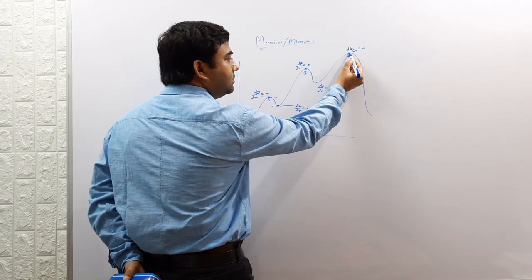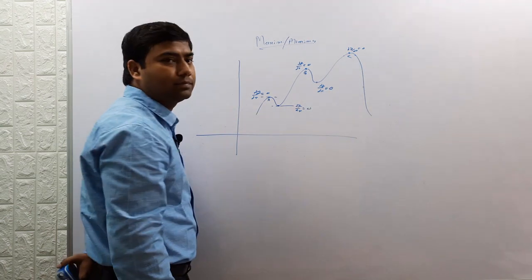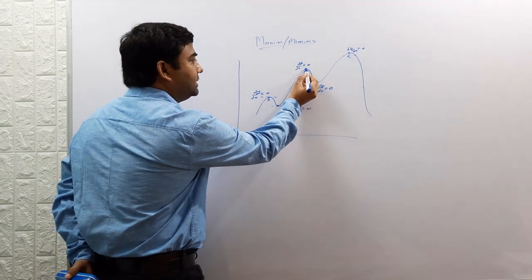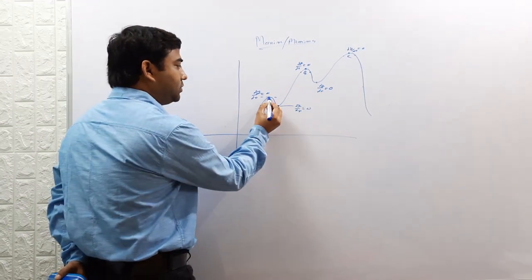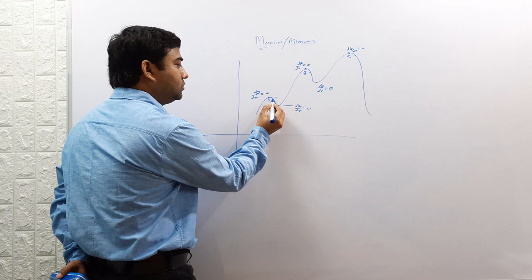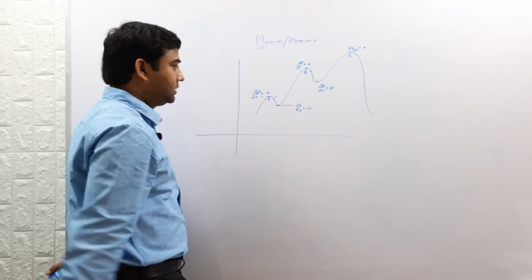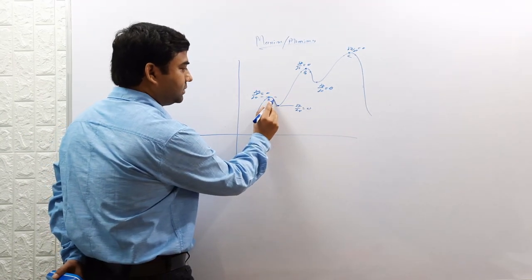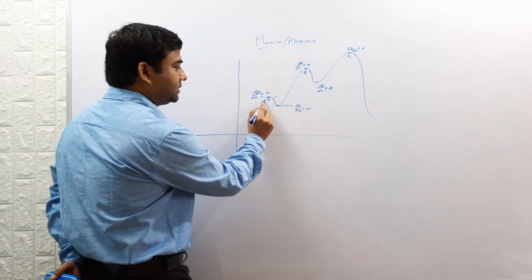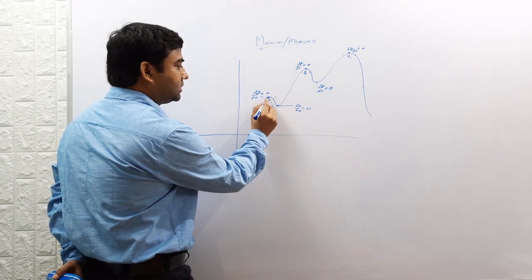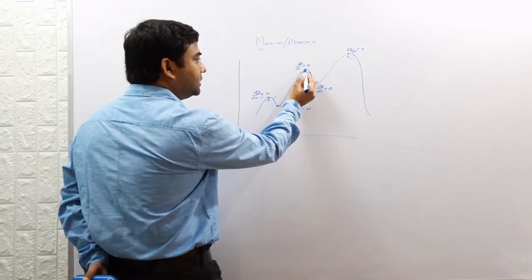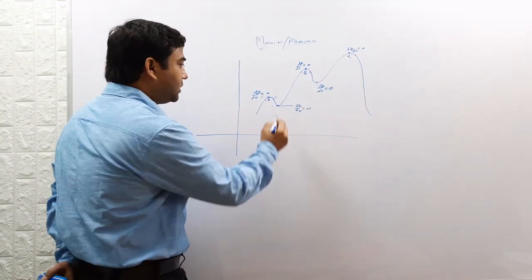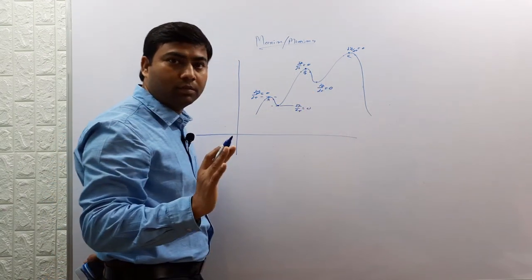At this point y is maximum relative to its nearby points, and at this point y is maximum relative to its nearby points. When you move slightly ahead or slightly back, in both cases the value of the function at this point is maximum. Similarly here, similarly here. So these points are local maxima.